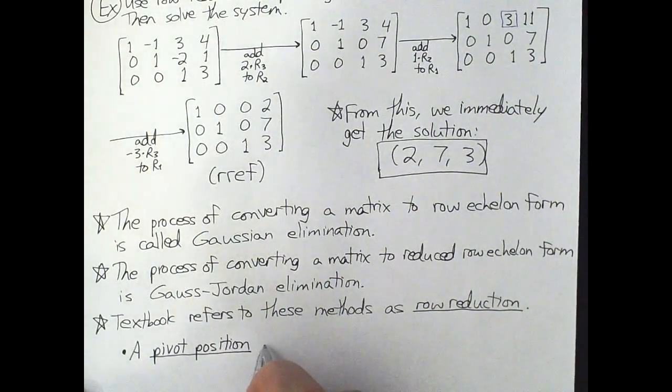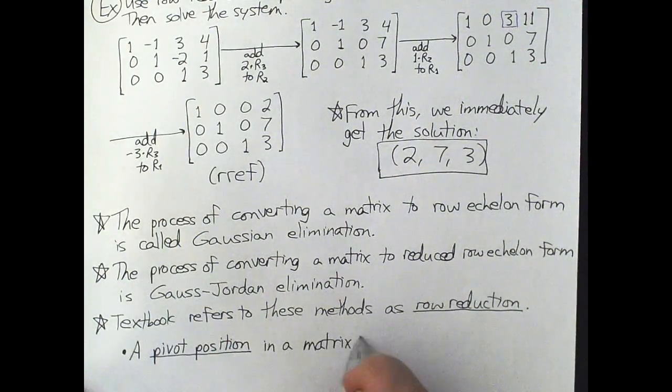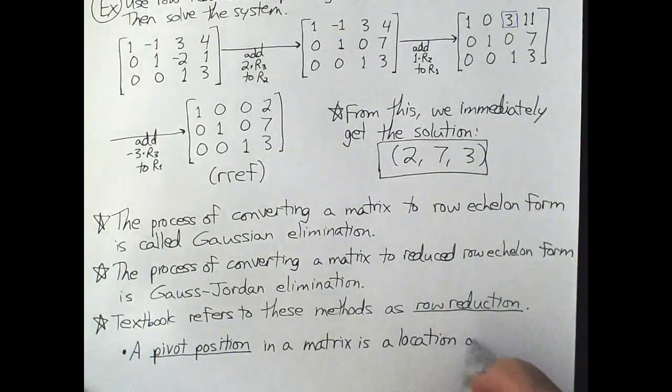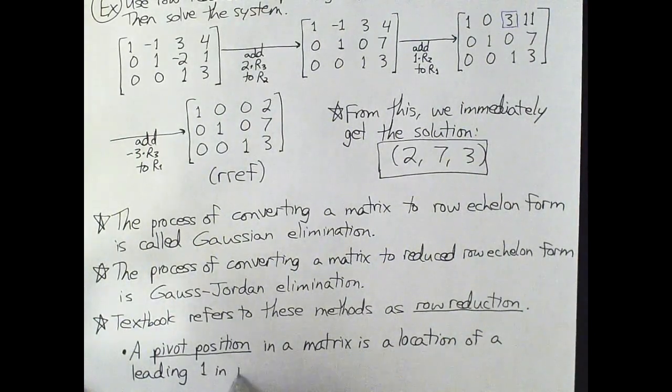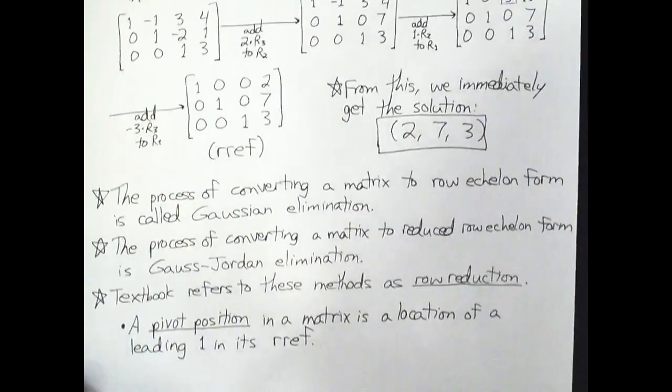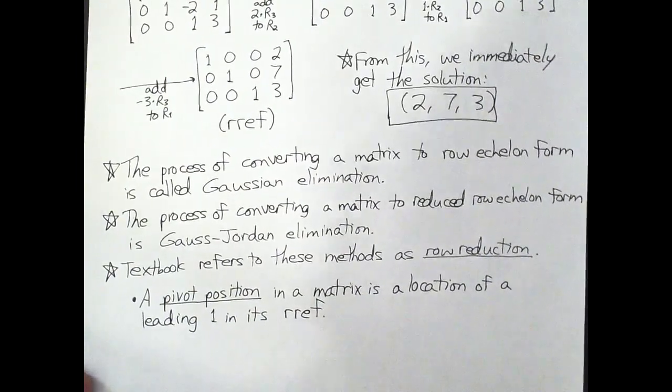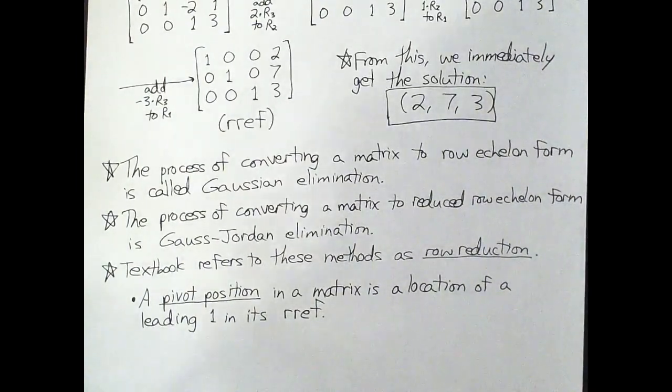A pivot position in a matrix is a location of a leading one in its reduced row echelon form. It's basically where in the matrix do the leading ones appear when it's reduced.